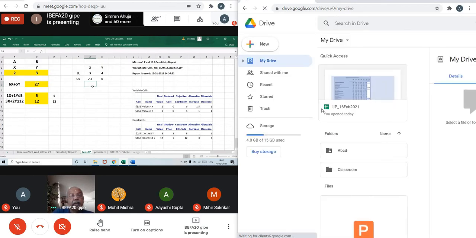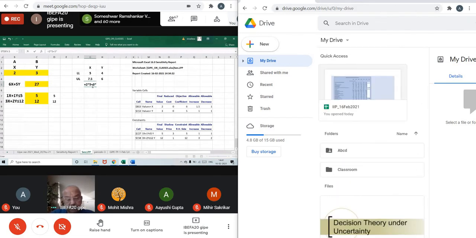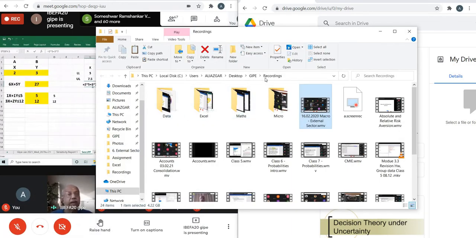Isn't it? Then 3 multiplied by 7.5 gives 32.5.